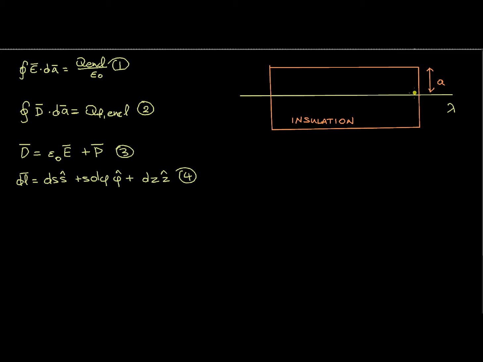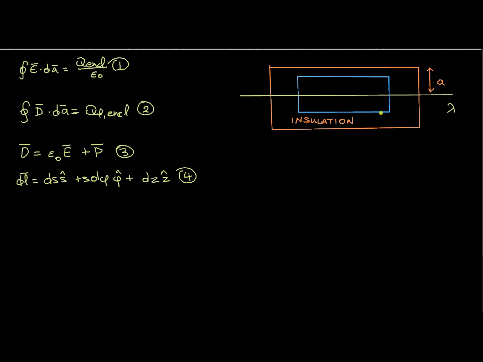The way that I will do that is to apply equation 2. For this, I need to choose a Gaussian surface, and my Gaussian surface will be a cylinder. This is the side view, by the way. It is difficult for me to draw a cylinder on the 2D screen.